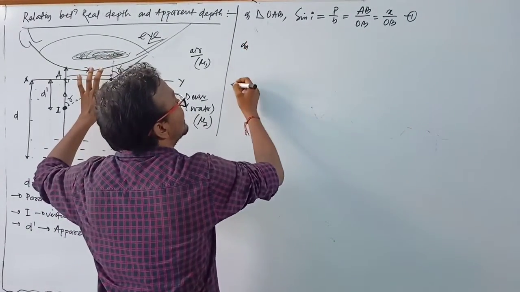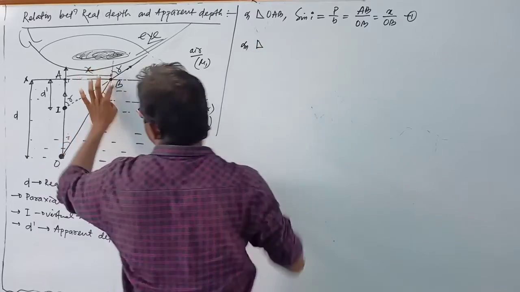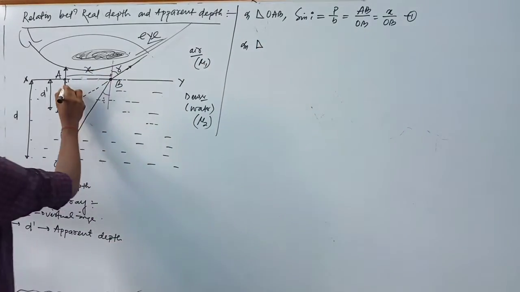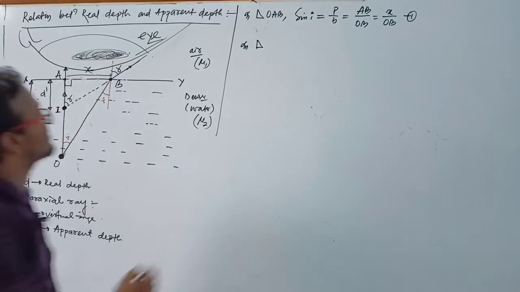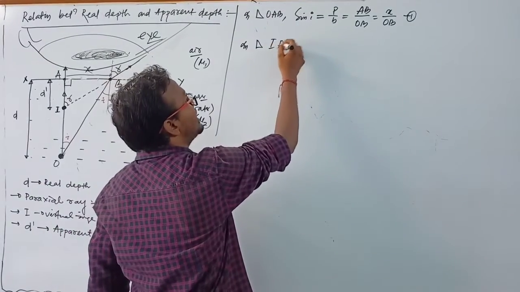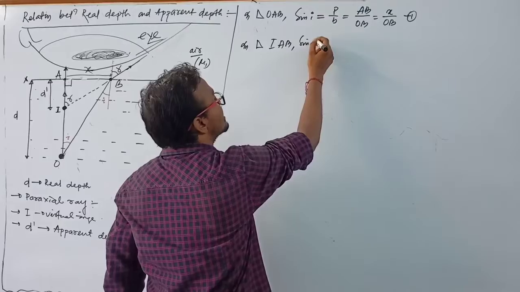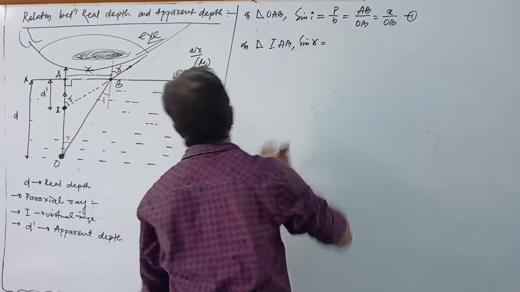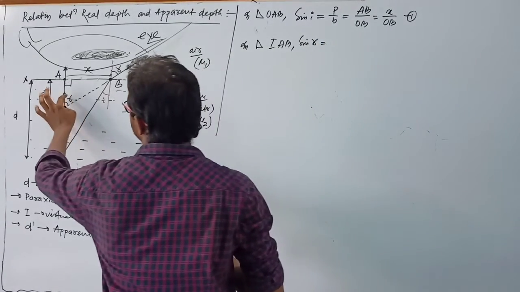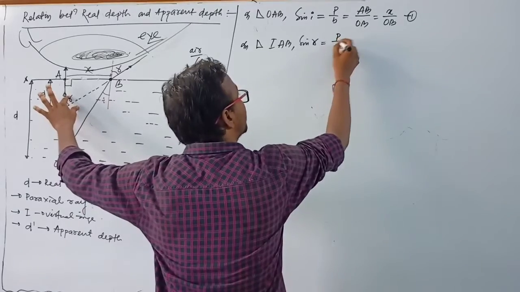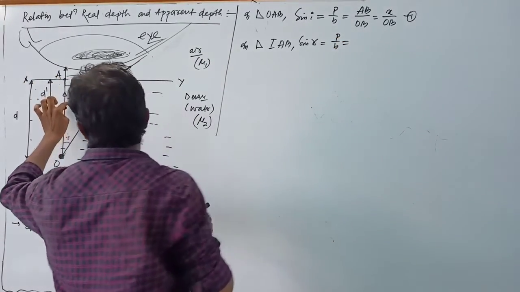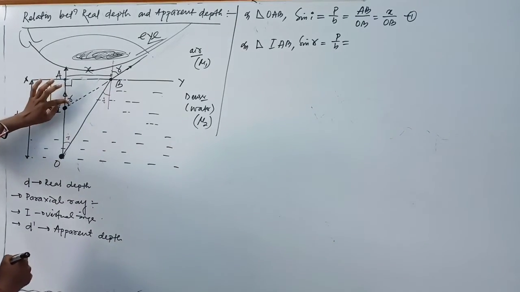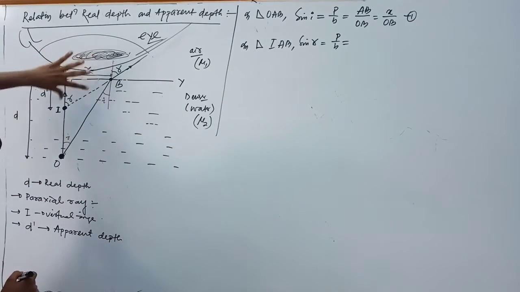So next, in another right angle triangle, because this angle is 90 degrees, in right angle triangle IAB, sine of angle of refraction, sine R, equals perpendicular upon hypotenuse. Sorry, a mistake by me: this is the perpendicular and this is the hypotenuse.